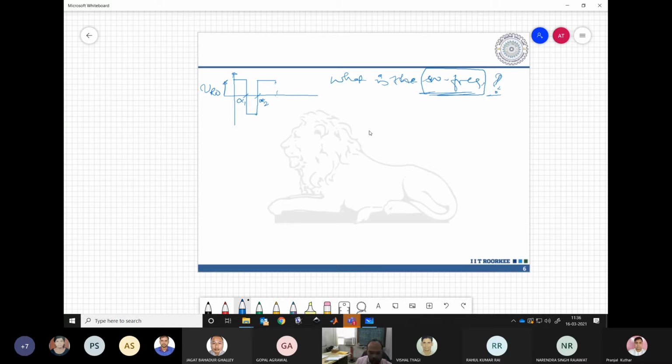So someone asks you what is the switching frequency, then we need to understand how this is counted. So one on and off, this is one switching cycle. And in a fundamental cycle, the number of on and off.